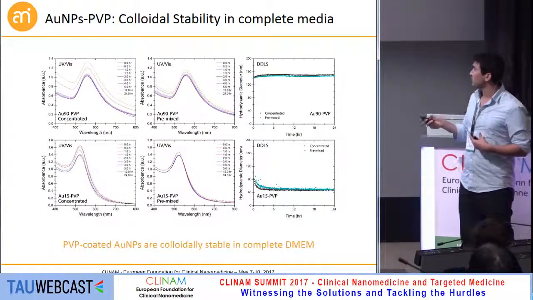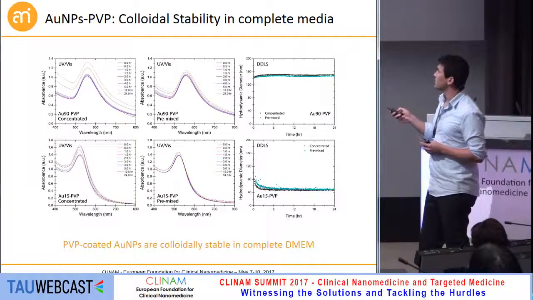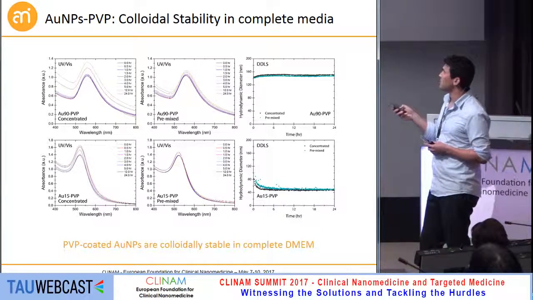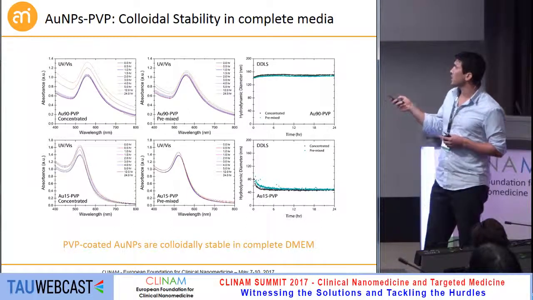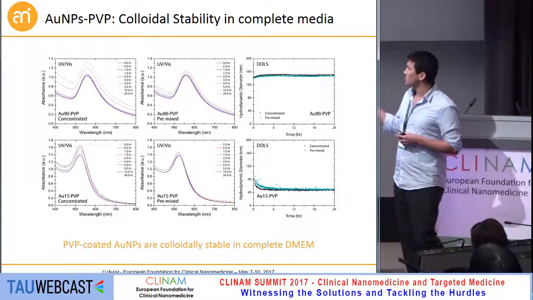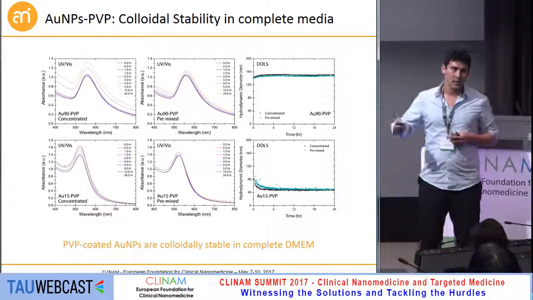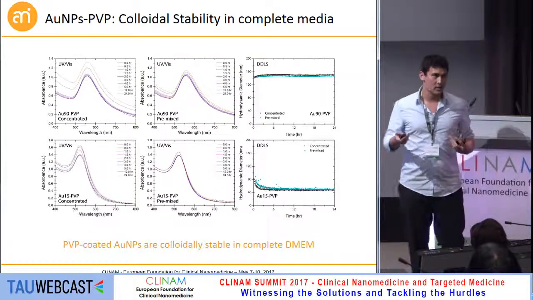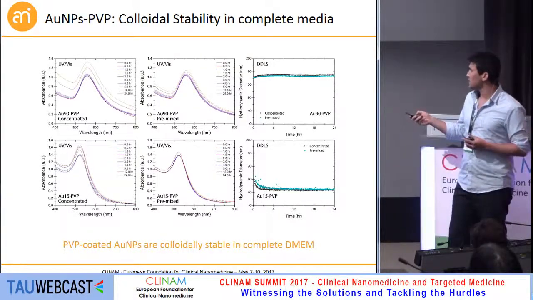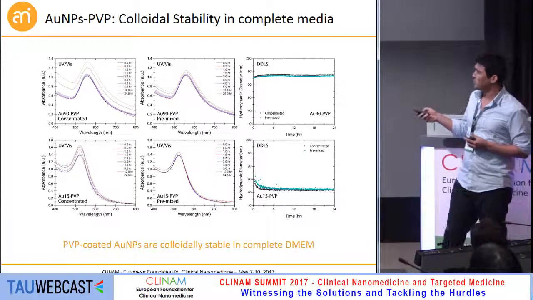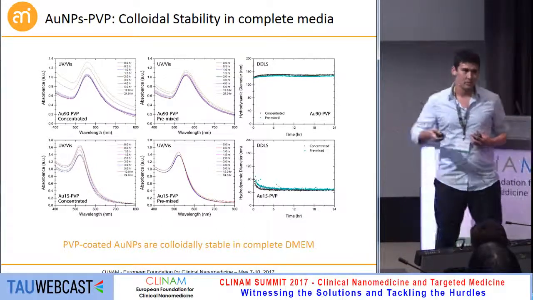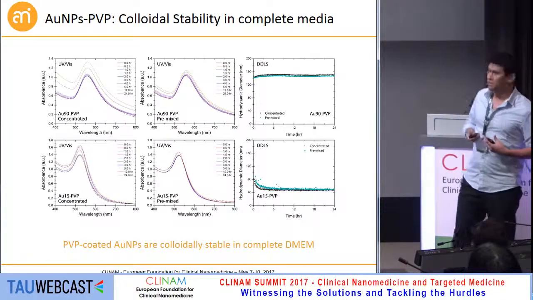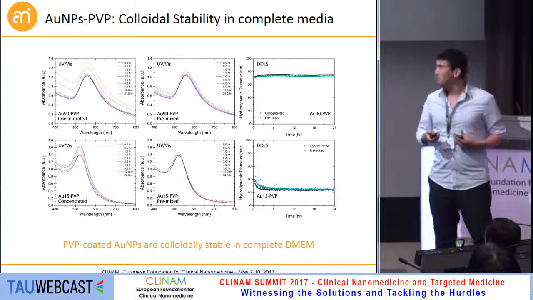If we look at the 90 nanometer particles added to complete media supplemented with 10% fetal bovine serum, with the concentrated and premixed administration you don't seem to see much difference. You don't see a redshift in the peak, and this indicates that the particles are most likely stable. We see similar results with the 15 nanometer particles, but in data not shown, the scattering intensity increases over time, which is indicative of some kind of protein adsorption.